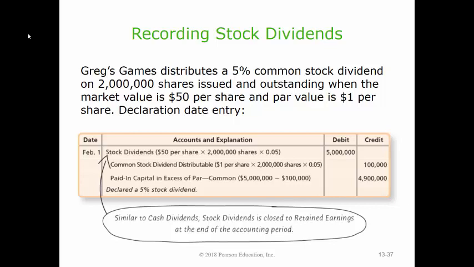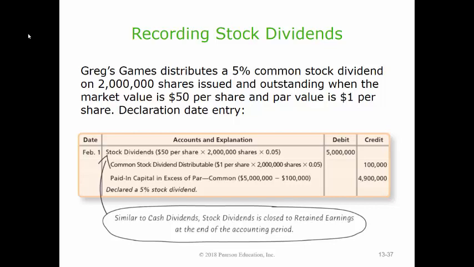So if their shares are trading for $50, there's 2 million shares out in the market, and they're going to distribute shares equal to 5% of their current outstanding shares, that means the market value of all of the shares they're going to distribute in this stock dividend is $5 million.